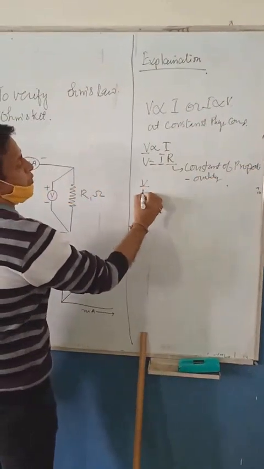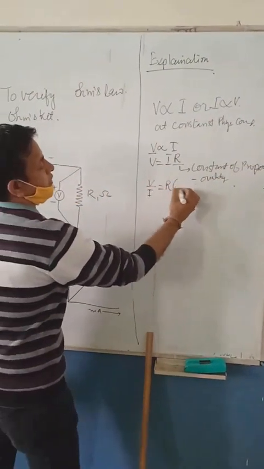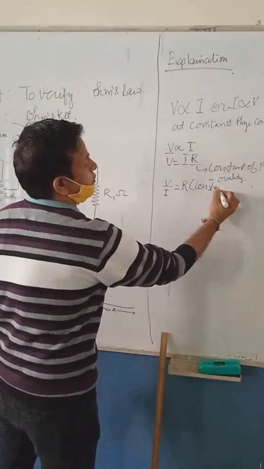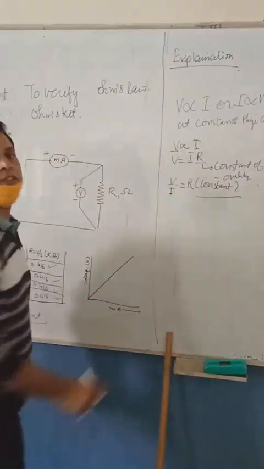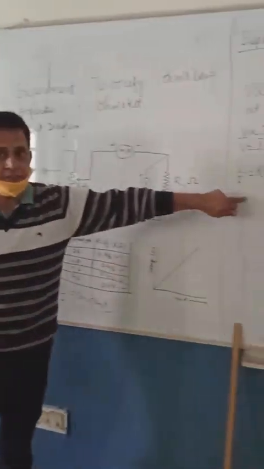That is, V upon I is equal to R, constant. This we are going to prove in this experiment. We are going to verify this.